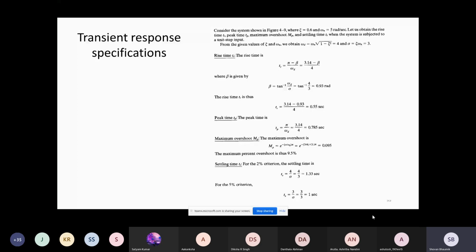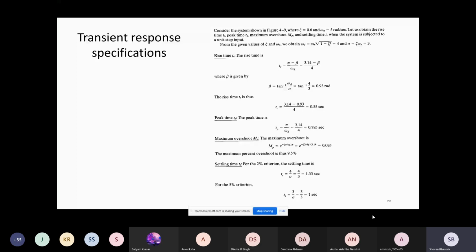Now if you take the help of the formula, rise time TR equals pi minus beta divided by omega d. We know that beta is tan inverse of omega d by sigma. Omega d is 4 and sigma is 3, so beta is 0.93 radian.